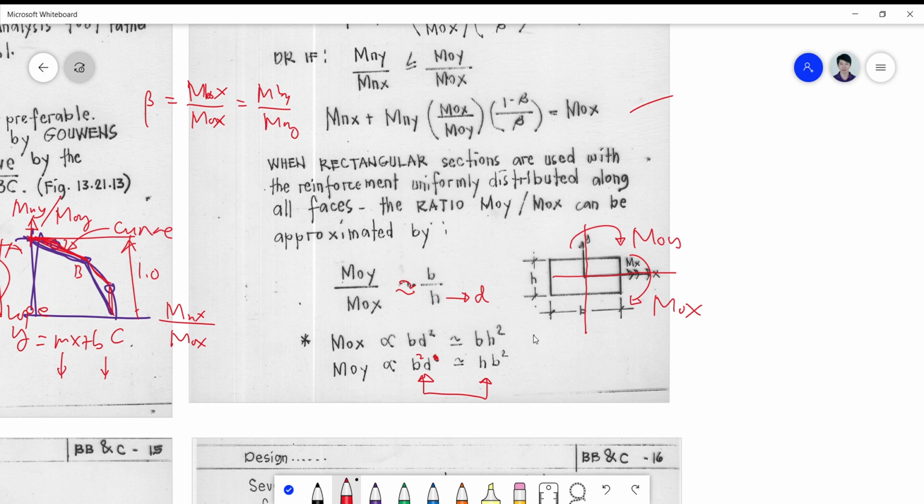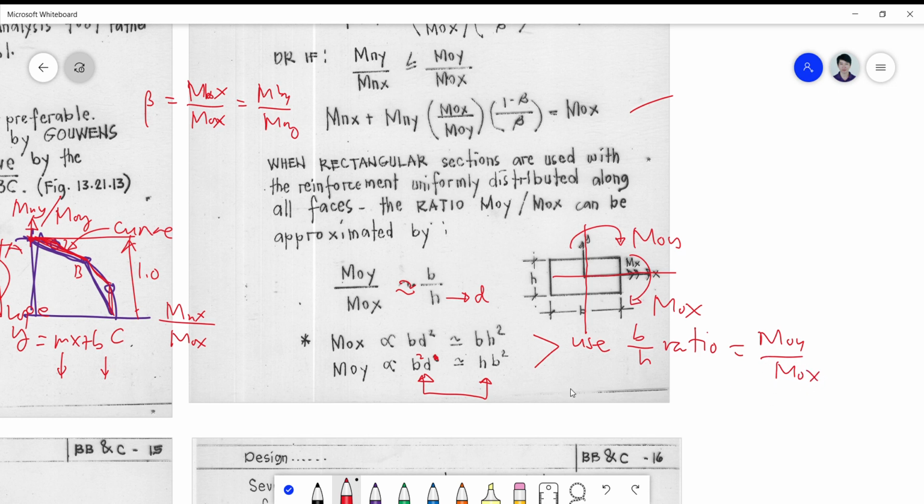So you go now to a design methodology wherein you will use a B over H ratio. Diba? So hindi mo na kailangang magkaroon ng dalawang unknown by simply having a B over H ratio, which is equivalent to an MOY over MOX ratio.